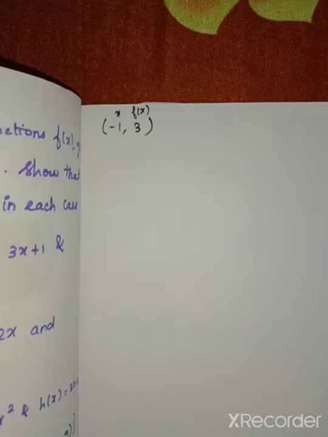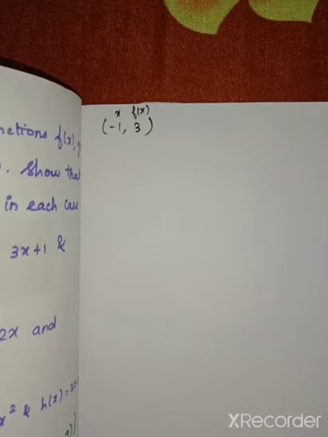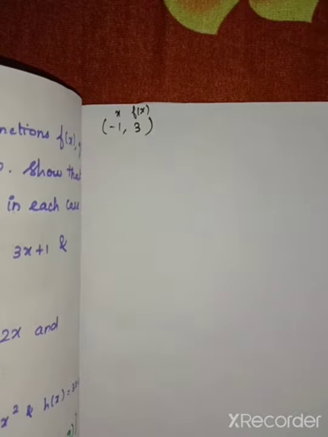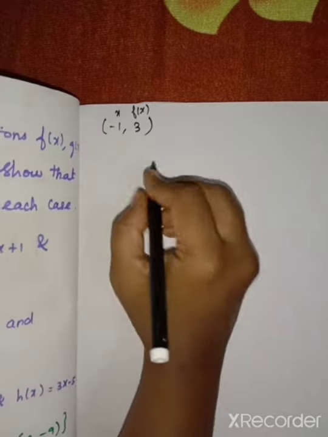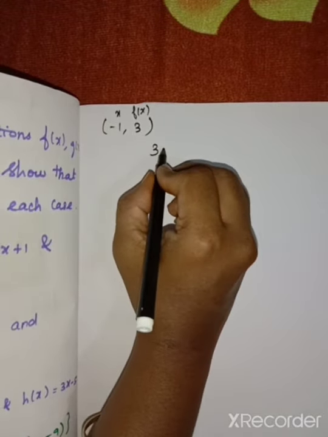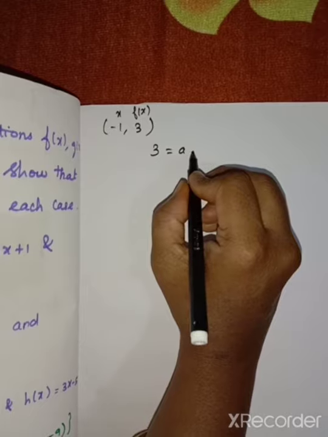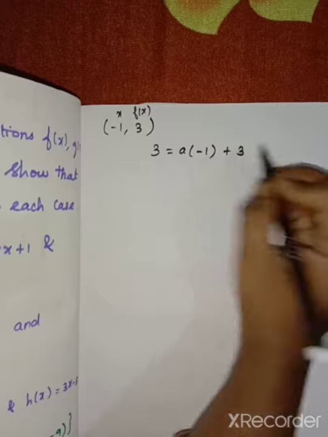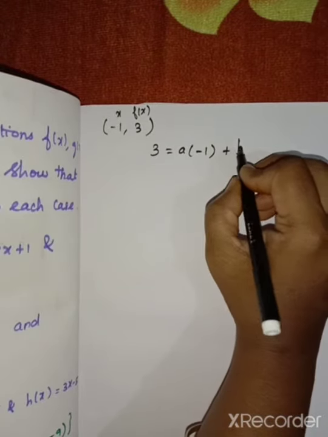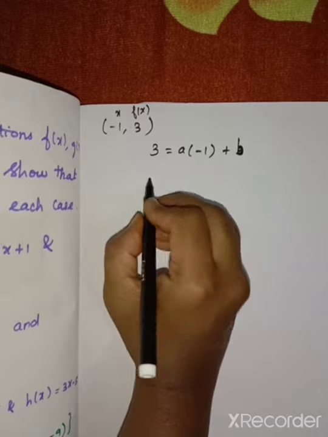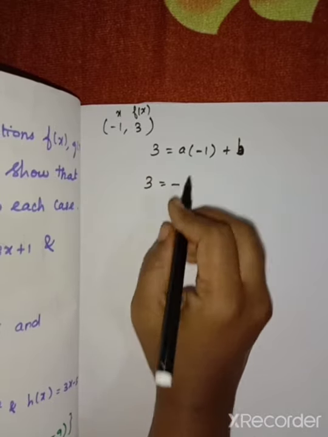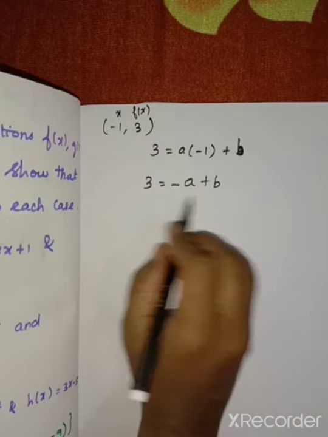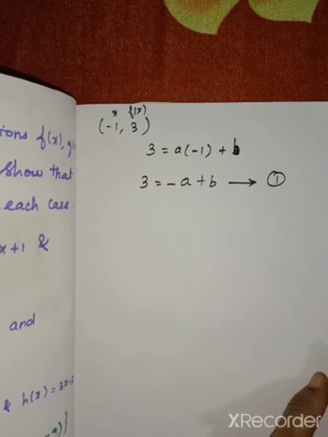We want to find a and b, so we make equations. Substituting in the equation, in place of f of x we substitute 3, equal to a into x, and in place of x we substitute minus 1, plus b. Multiplying, 3 equal to minus 1 into a, that is minus a, plus b. So this is the first equation.